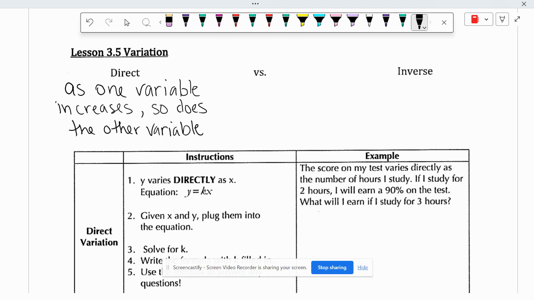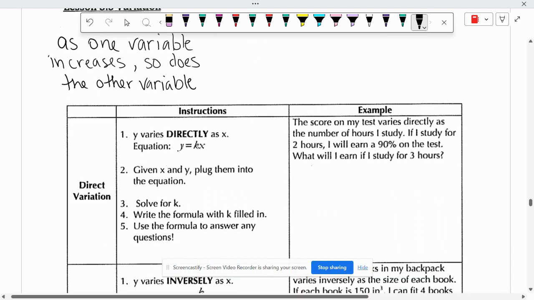Okay, so did everybody write that as one variable increases, the other one decreases? Okay, then I'm going to move on.